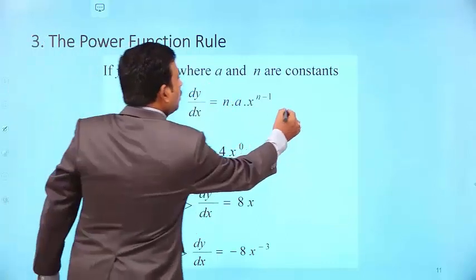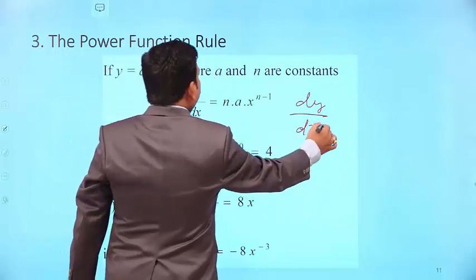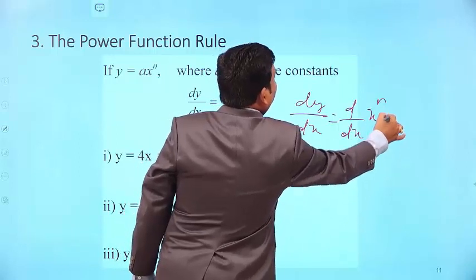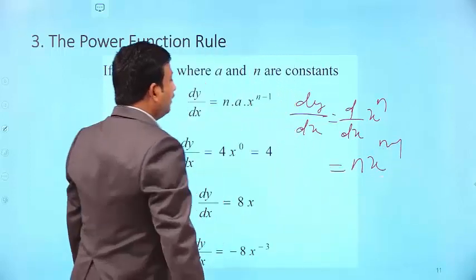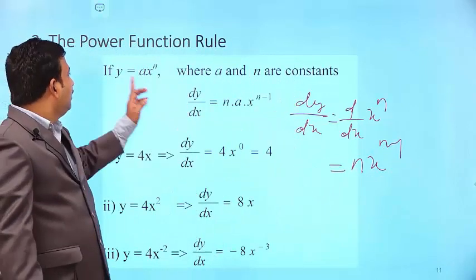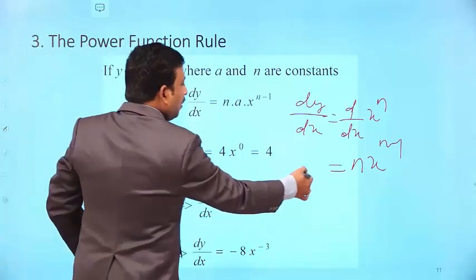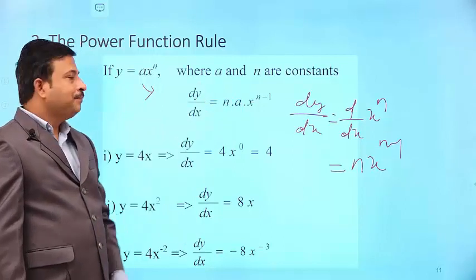This is the rule. So d by dx of x to the power n, already you know this, is nothing but n into x to the power n minus 1. If a is a constant, then obviously it comes outside, so a into n into x to the power n minus 1.